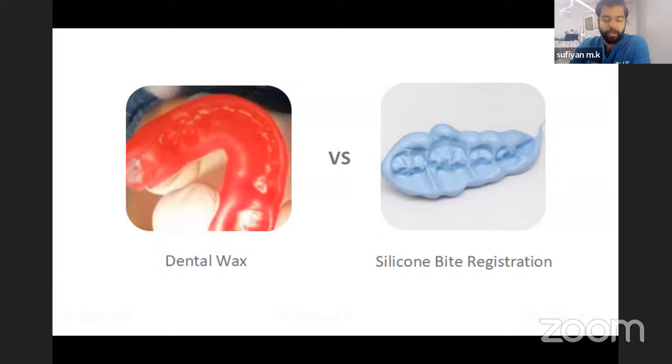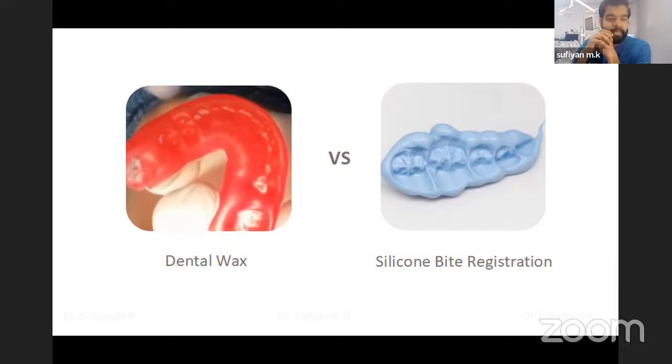Rubber-based bite registration, not a wax bite registration. Modeling wax is not a bite registration material. You give a modeling wax bite registration, you send the cast with the collection boy from the lab. He roams about the whole of the city. Puts your work in his two-wheeler, right? And at the end of the day, he goes and delivers all your work there. You know how much distortion is happening there in the wax.